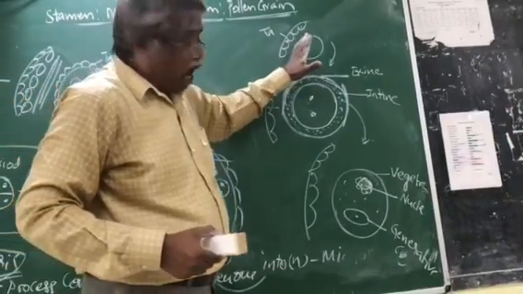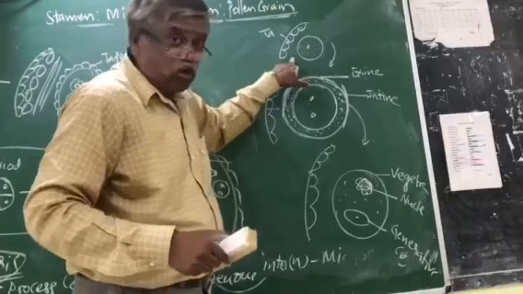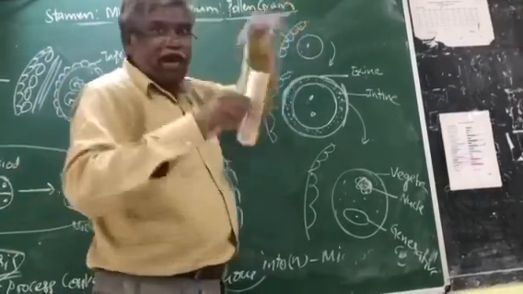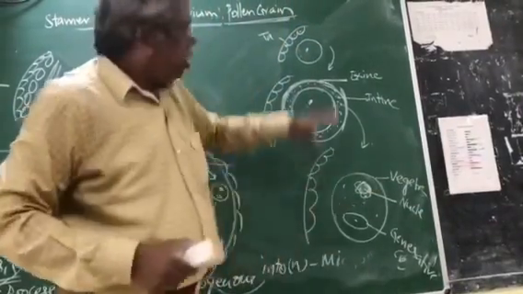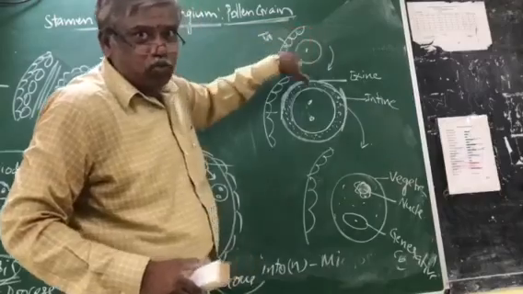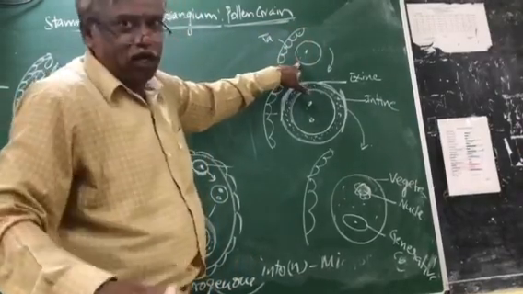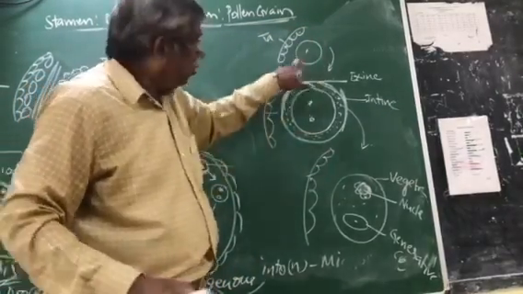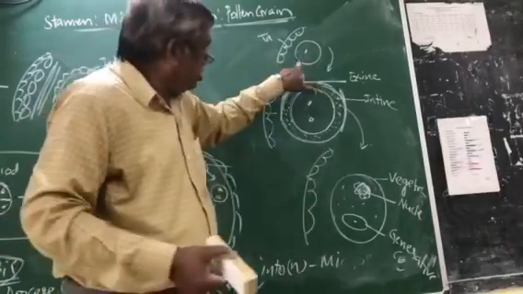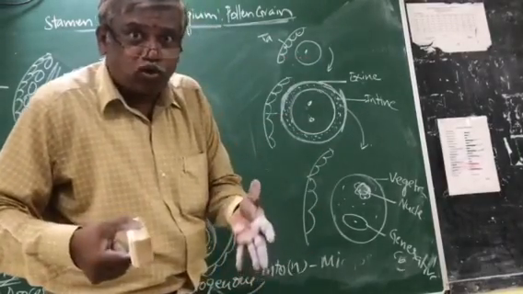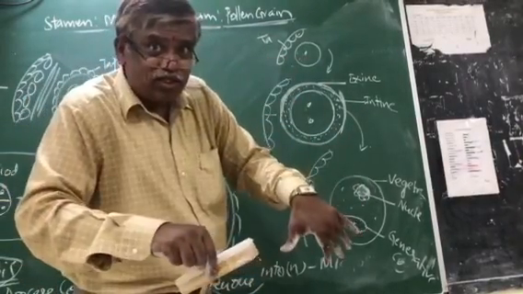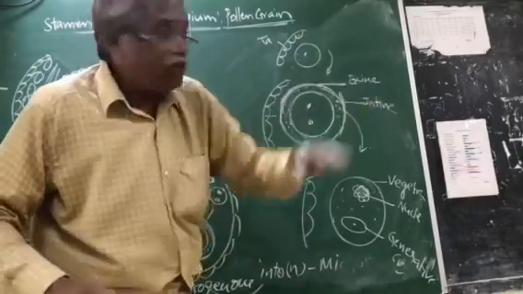These are the changes outside the microspore; the changes inside the microspore are simultaneous. Now what is this microspore, haploid or diploid? Haploid. This haploid microspore undergoes internal changes and external changes, and finally becomes a pollen grain.